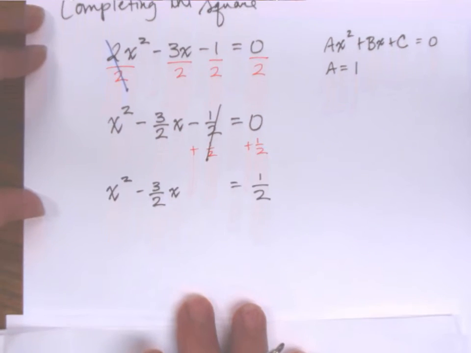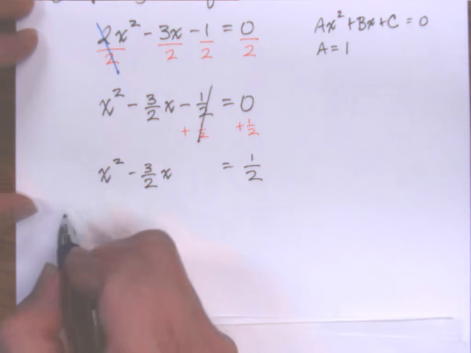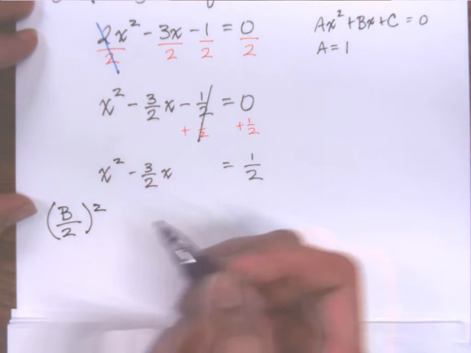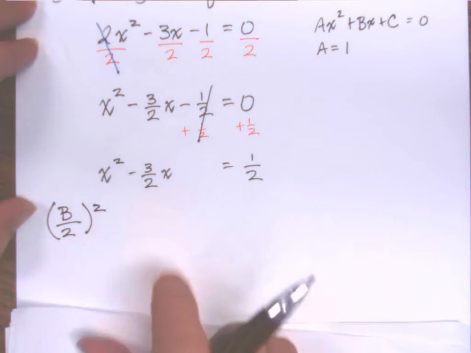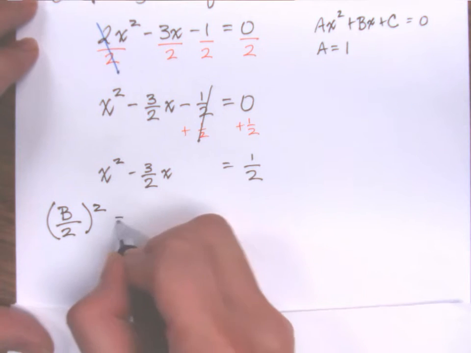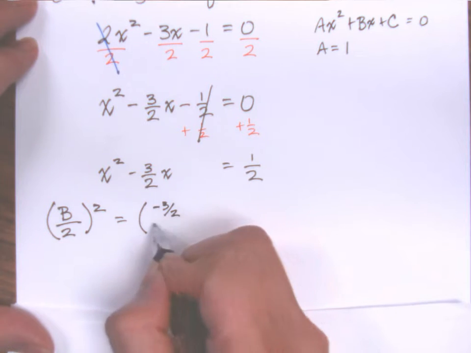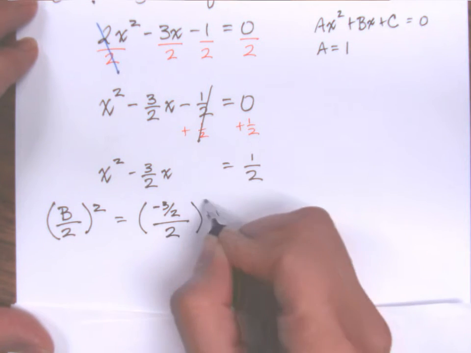And remember, the process for completing the square is to take my b, divide it by 2, and then square it. Here my b is negative 3 halves, so I've got negative 3 halves divided by 2 squared.